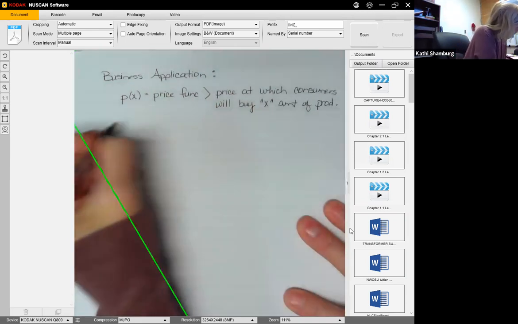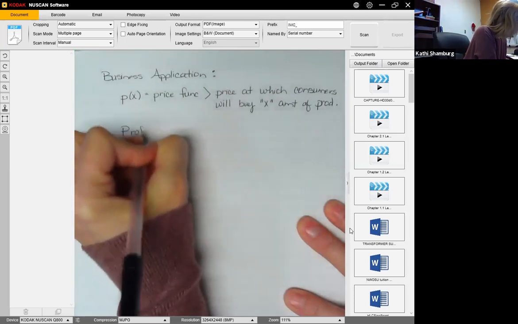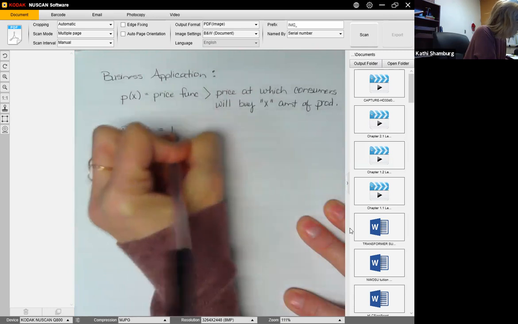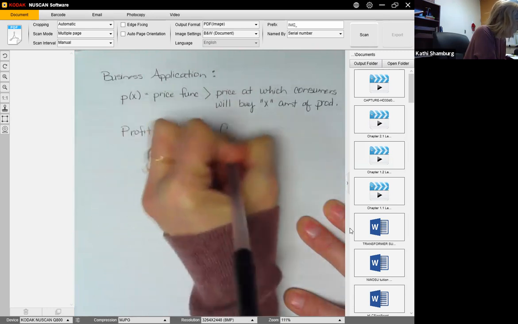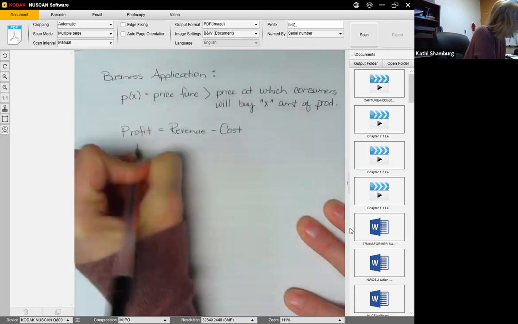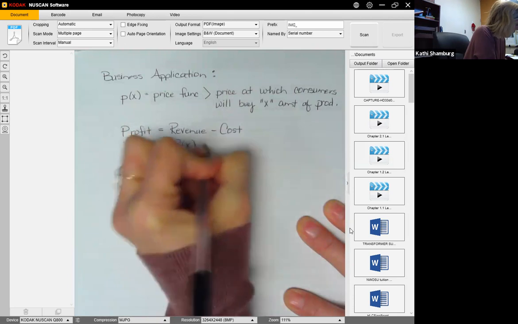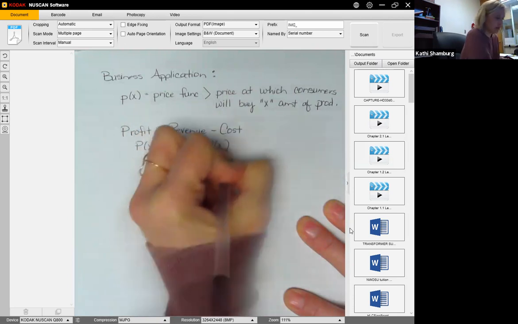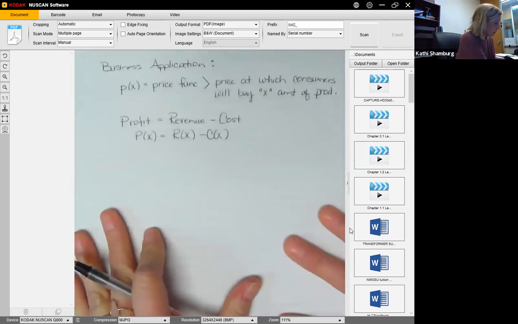Now we have done profit equals revenue minus cost, which of course is P of X equals R of X minus C of X. We've already seen this. Now we're going to elaborate on that.